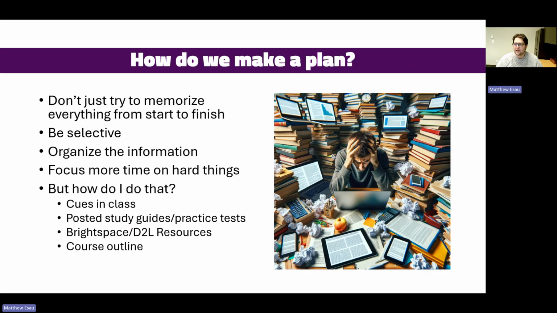Okay, so how do we make a plan? Making a plan is important. How do we actually do that effectively? An important part of that is not trying to memorize every single little thing from start to finish. We want to be selective about what we're choosing to focus our time, effort, energy, attention, all of these things on.